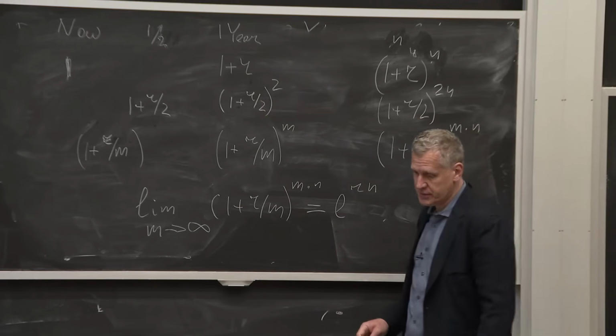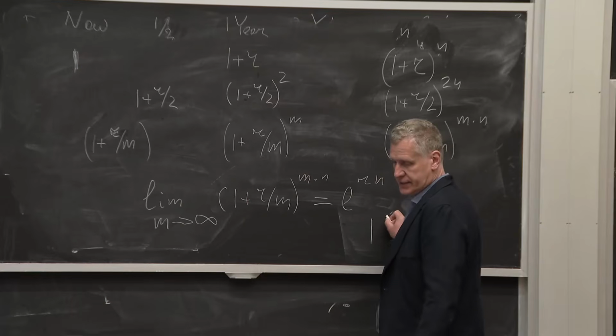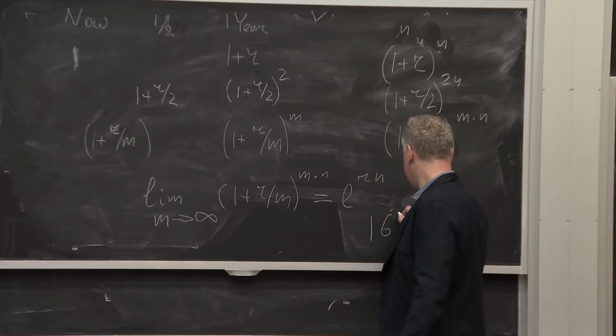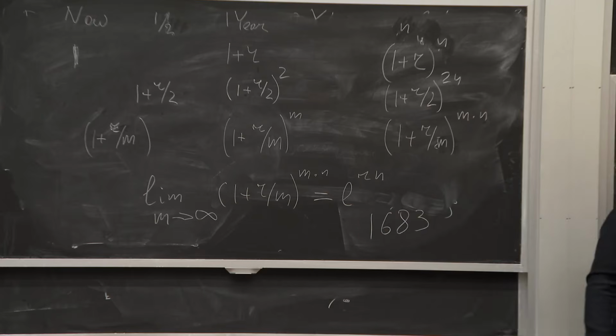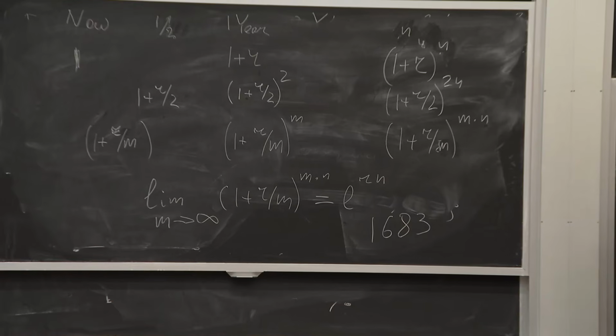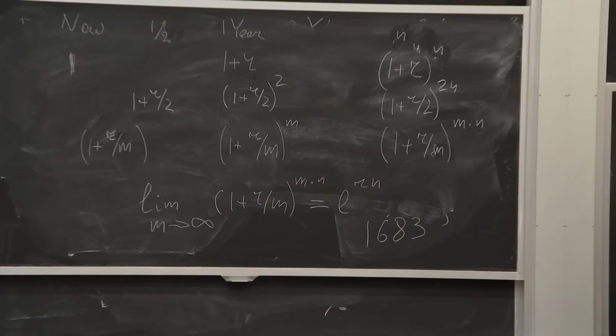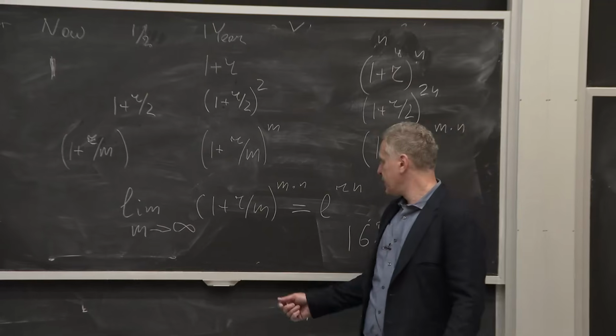It was Bernoulli in his seminal paper in 1683, where he described this computation, and it was about interest rate, about how interest is compounding. So maybe this was the first mathematical finance paper in history.